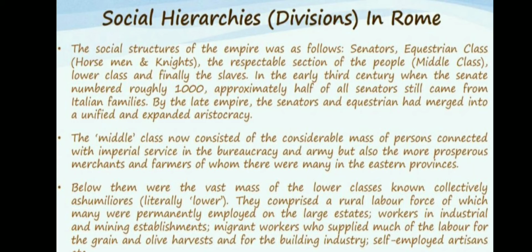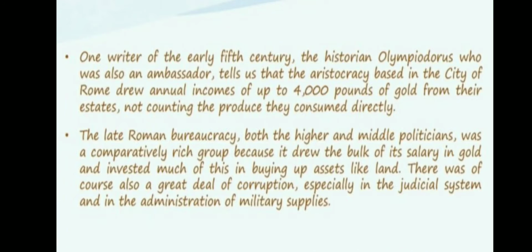They comprised the rural labor force, of which many were permanently employed on the large estates, workers in industrial and mining establishments, migrant workers who supplied much of the labor for the grain and olive harvest and for the building industry, self-employed artisans, and thousands of slaves.